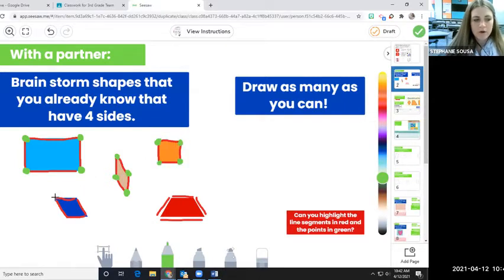Okay? Corners are points or exact locations on, in this case, quadrilaterals. Questions over the line segments or the points as they are related to quadrilaterals?